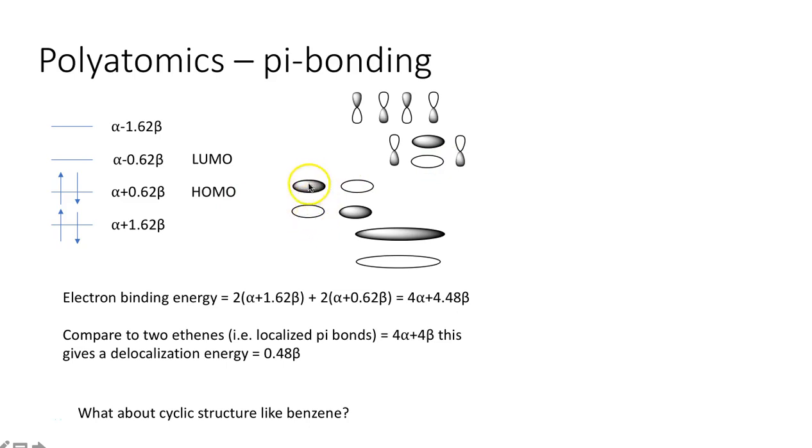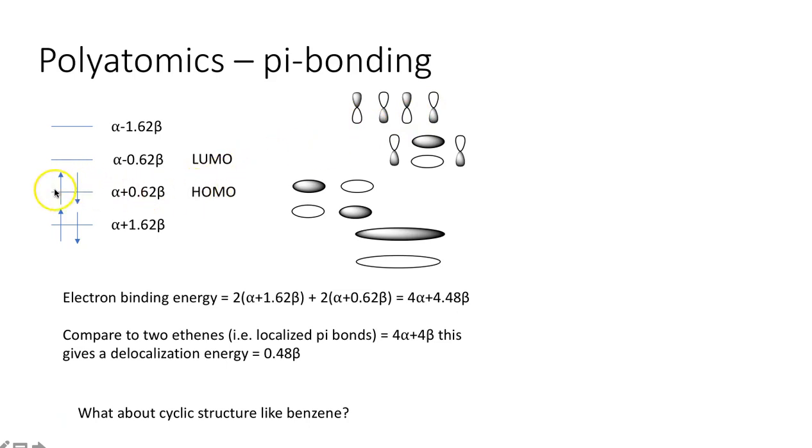So here is our plus where these two carbons overlap, 2 carbons overlap, 2 carbons overlap. And in this case, we have 2 nodes. And in the top one, alpha minus 1.62 beta, we have 3 nodes between all of the carbons. All the p orbitals are different signs.